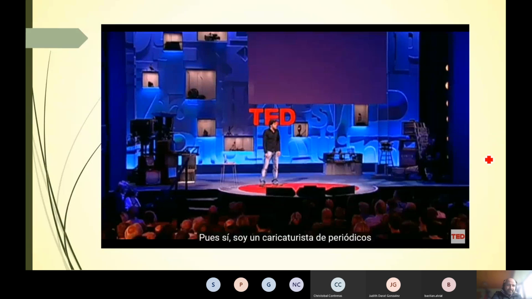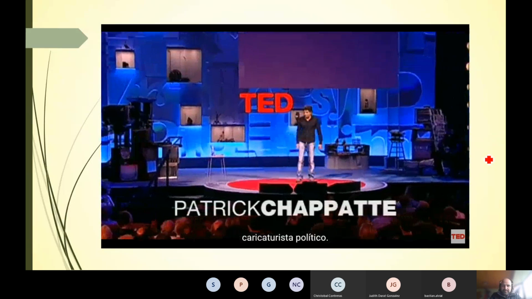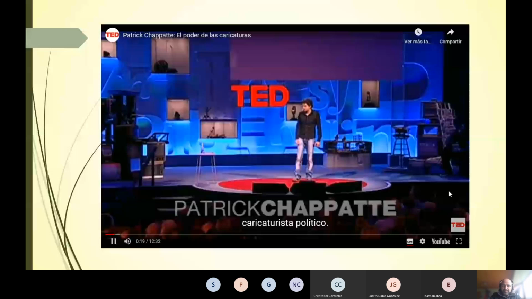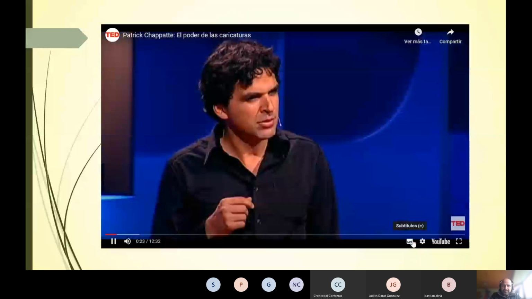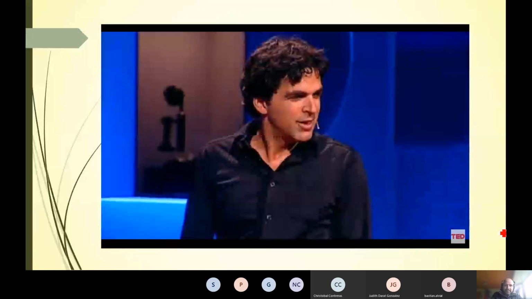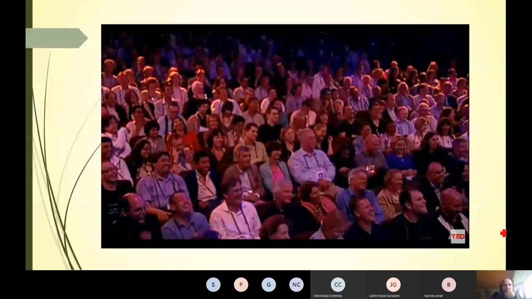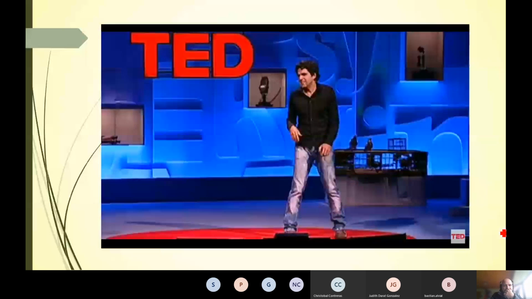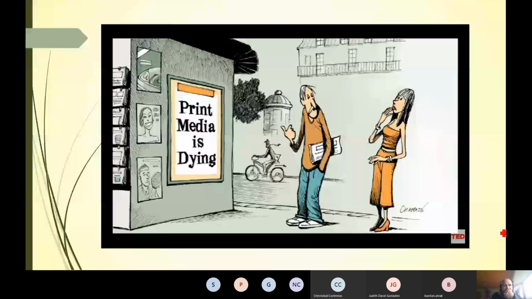So yeah, I'm a newspaper cartoonist, political cartoonist. I don't know if you've heard about it, newspapers. You know, it's a sort of paper-based reader. It's lighter than an iPad. It's a bit cheaper. You know what they say? They say the print media is dying. Who says that? Well, the media.